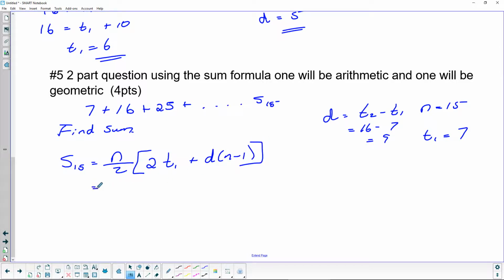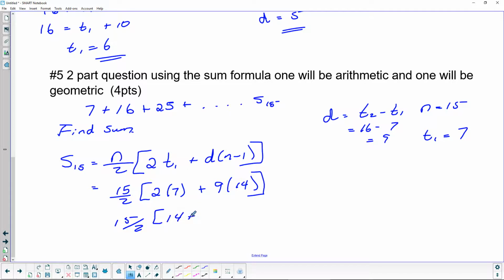Okay, so this would be equal to 15 over 2 times 2 times 7 plus D, which is 9, times 15 minus 1, which is 14. So this is 15 over 2 times 14 plus, what is that, 9 times 14, 126.